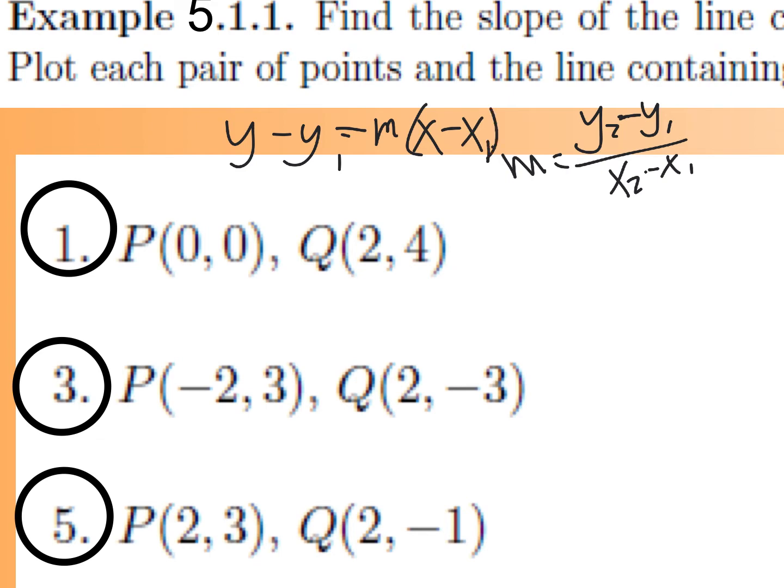That is just a rearrangement of the slope formula, but it's got its own special name. It's called point-slope. Why? Because the point goes here and the slope goes here. That's called point-slope. And last but not least, y equals mx plus b.